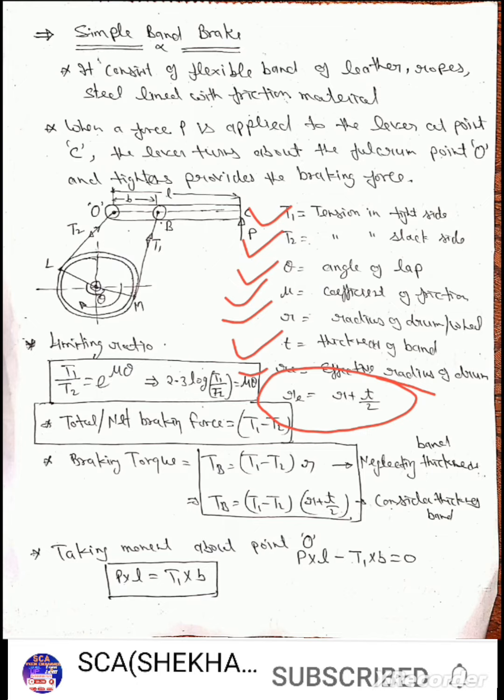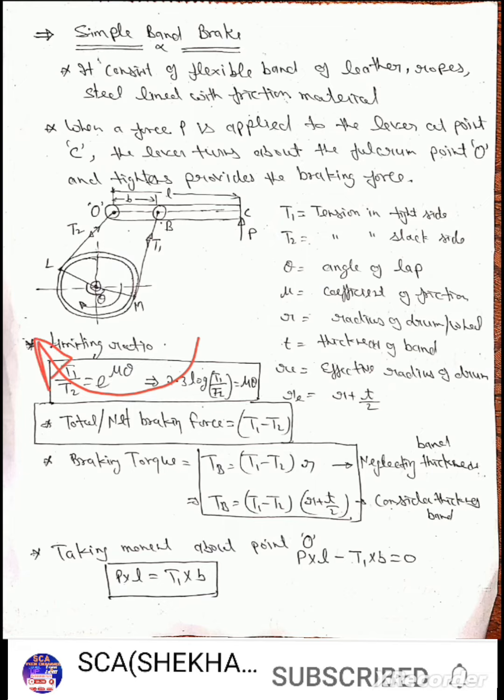Now a very important consideration is when the wheel rotates in the clockwise direction. The side from which the band is entering, like this side, and the side where the band is leaving, like this side.